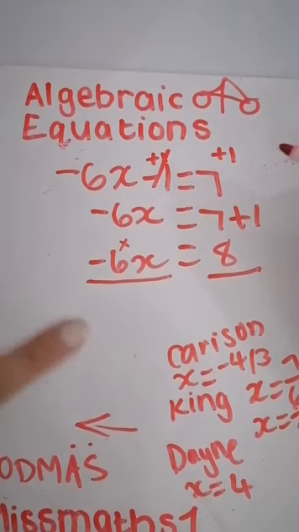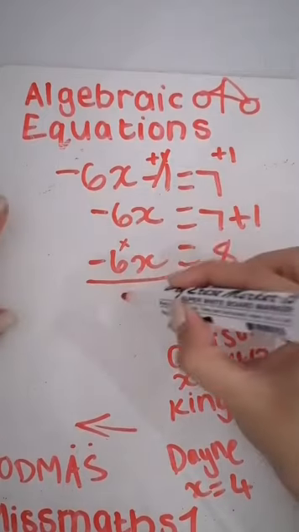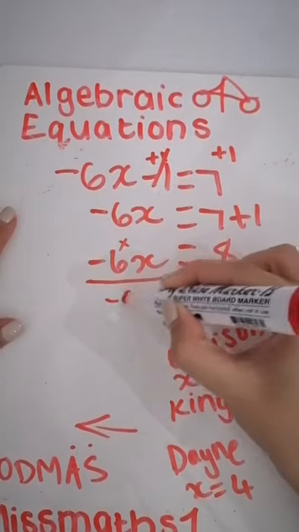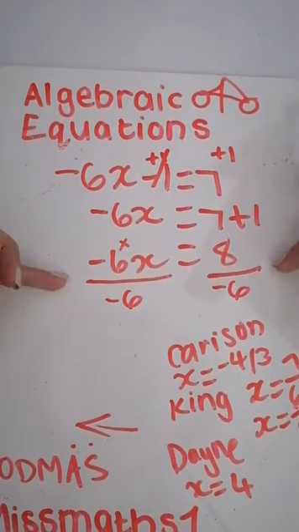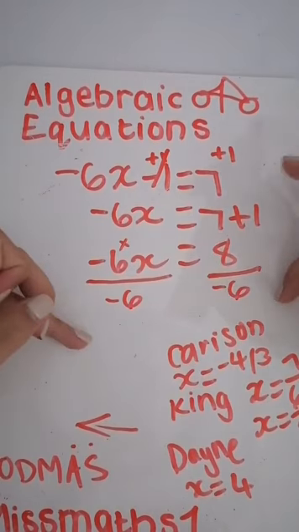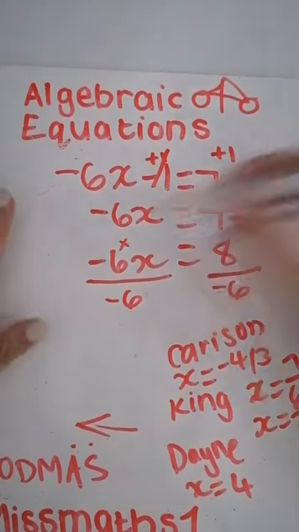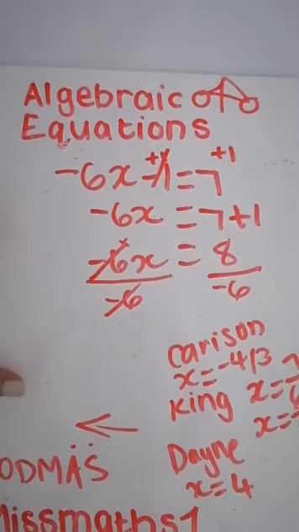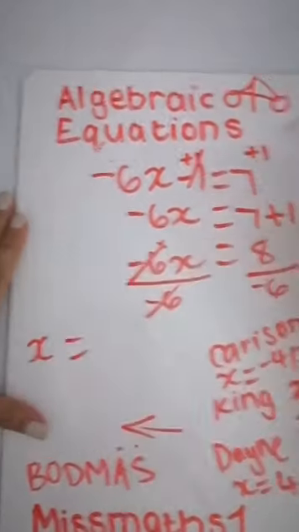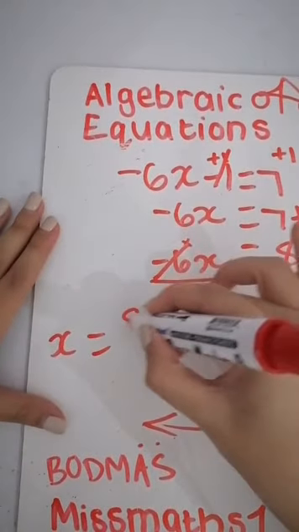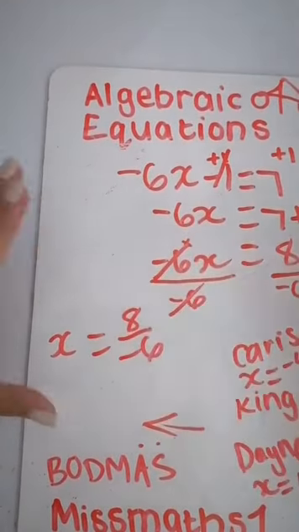Good. So we are going to divide both sides by that coefficient. There we go. So what we've done is we've divided by negative 6 on both sides to keep the scale in balance. Now look at that. Cancel, cancel. And guys, our answer so far is 8 divided by negative 6. But it's not finished. Okay?